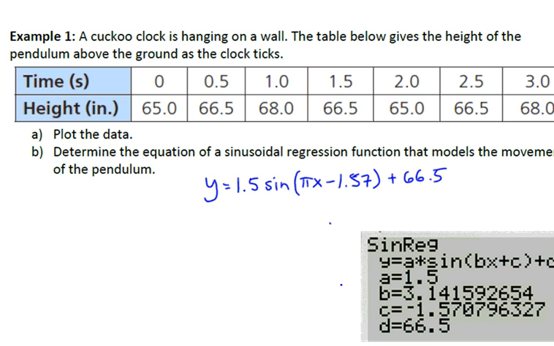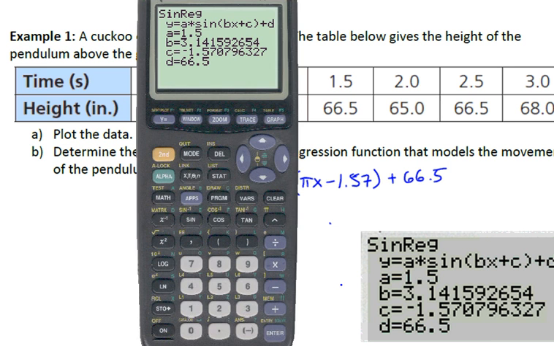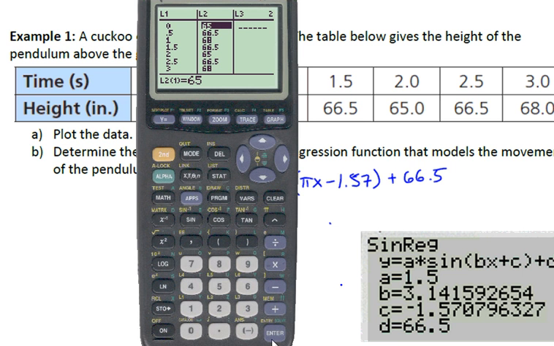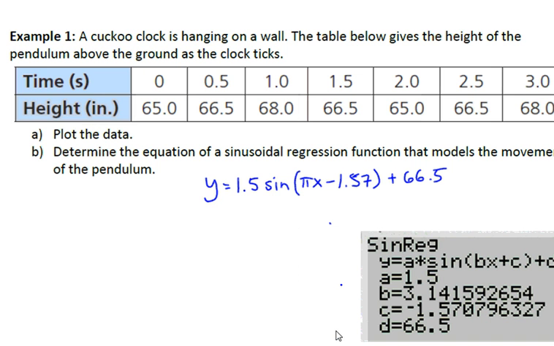Why is yours different? So go back to your list. Is everyone else's the same? It's in the right mode. What mode are you in? Something has to be off. 0, 1.5, 1, 1.5, 2, 2.5, 3.